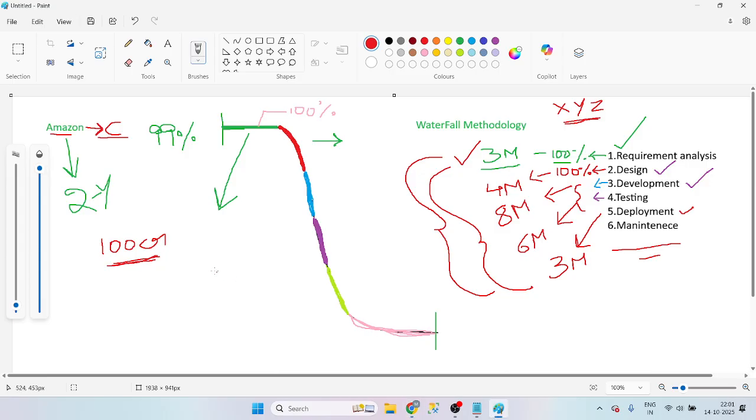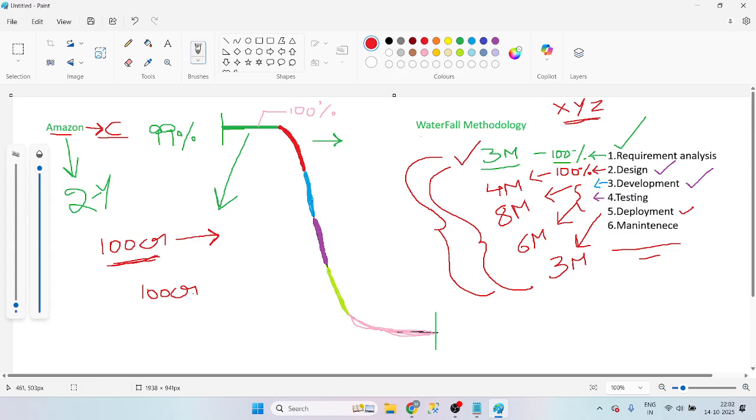So here is the catch. Why is the waterfall methodology not getting success? To get a success in waterfall methodology, it is taking more time. Now I have 100 CR. I'm not developing this Amazon project.